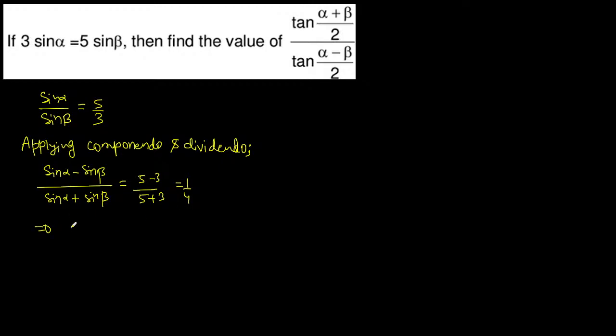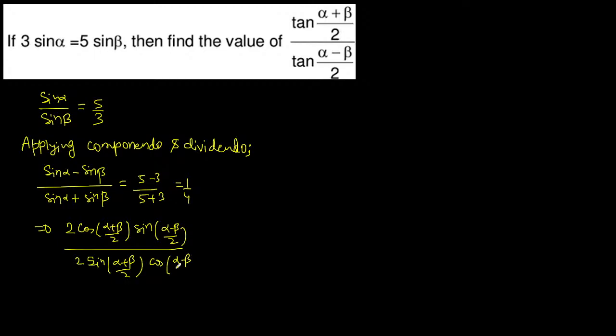which is 1 by 4. This is sine c minus sine d, 2 cos a plus b by 2 sine a minus b by 2. This is 2 sine c plus d by 2 cos c minus d by 2. This is 1 by 4.